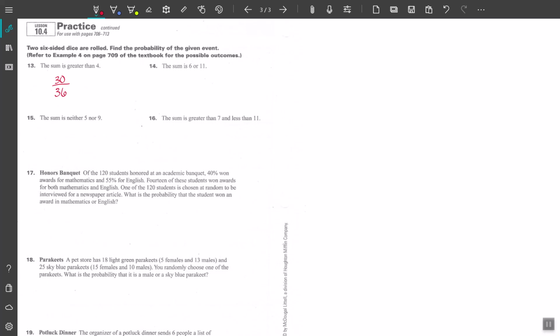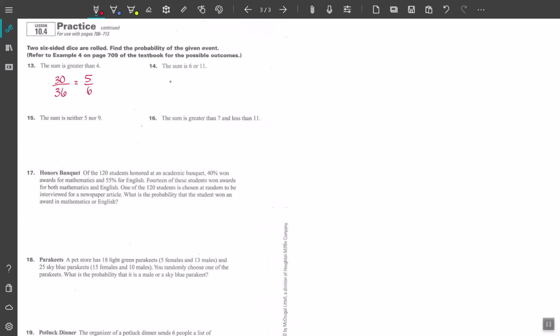So remember, this is just the basic definition of probability: the likelihood that the event we want is going to happen over the total number of outcomes possible. And we'll reduce that down to 5/6. So out of every roll, there's going to be a 5 in 6 chance of rolling a sum that is greater than 4.